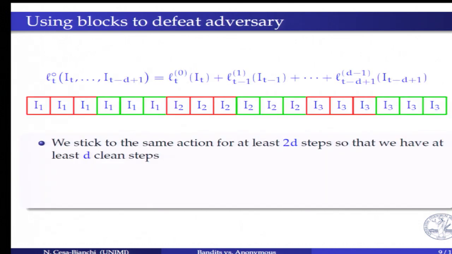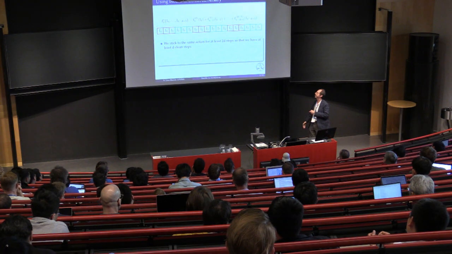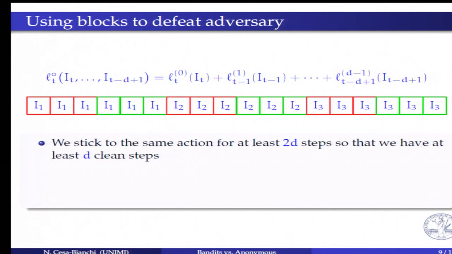Well, it's kind of easy, no? If you think about it, I can just play in blocks. I can just stick to the same action for a period of time, and I can neutralize the adversary, because after d time steps, the loss I'm observing will be only contributed by the action I played in the last d time steps.